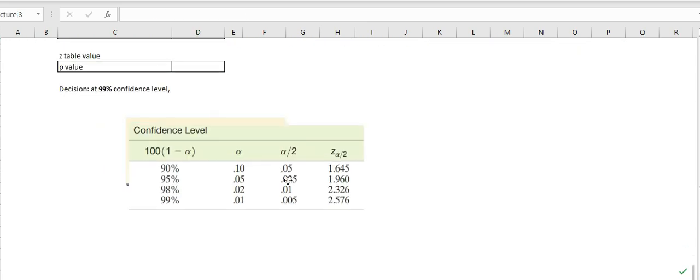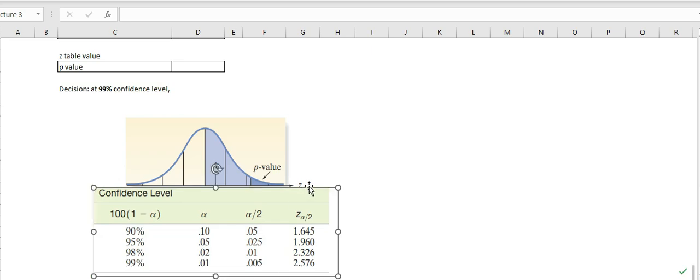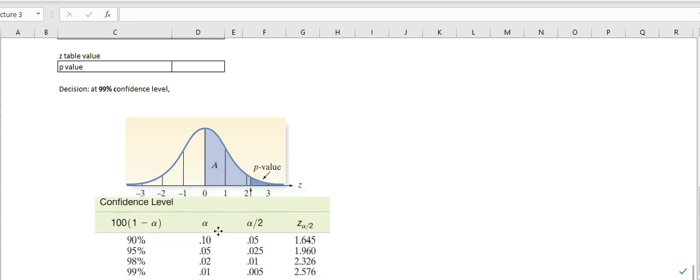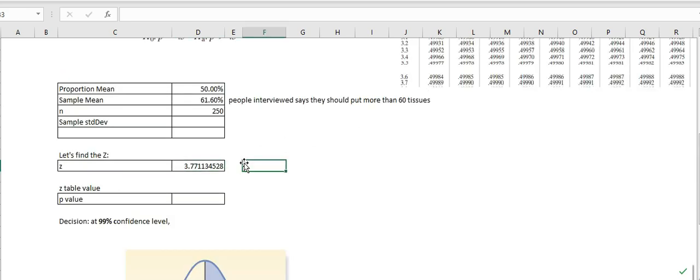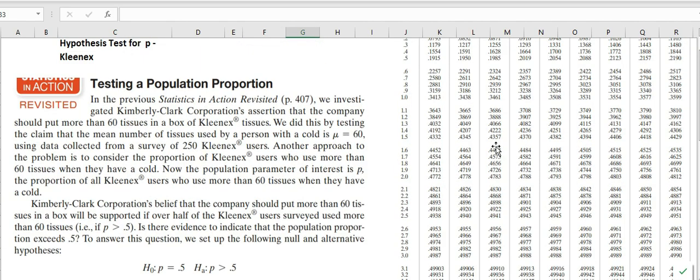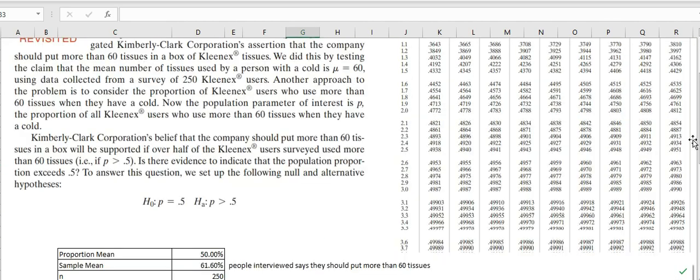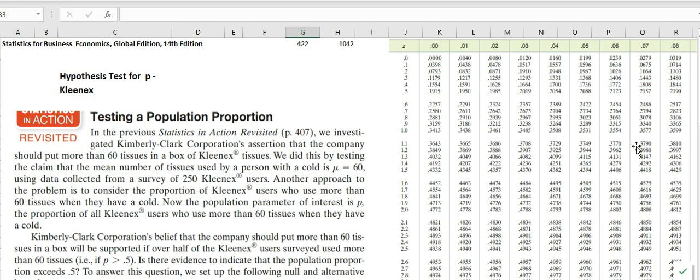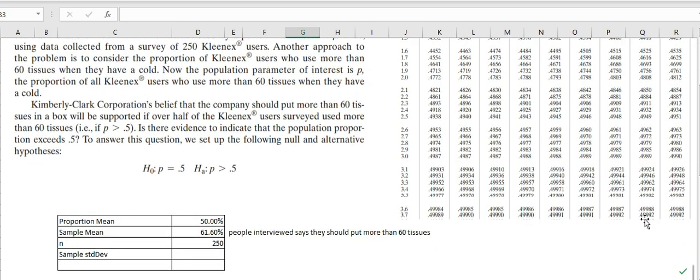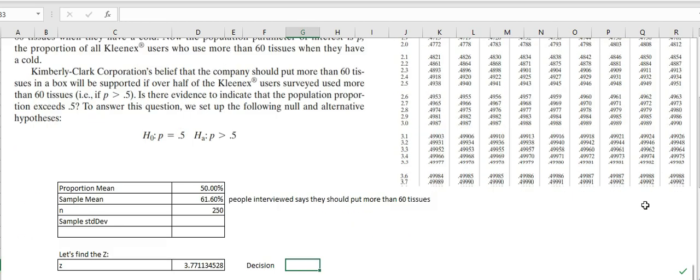If we look at it from the standpoint of here, we will check if we will reject. We will put some decision here. So this one is 3.77. For 3.7 and 0.07, it fits 3.77.